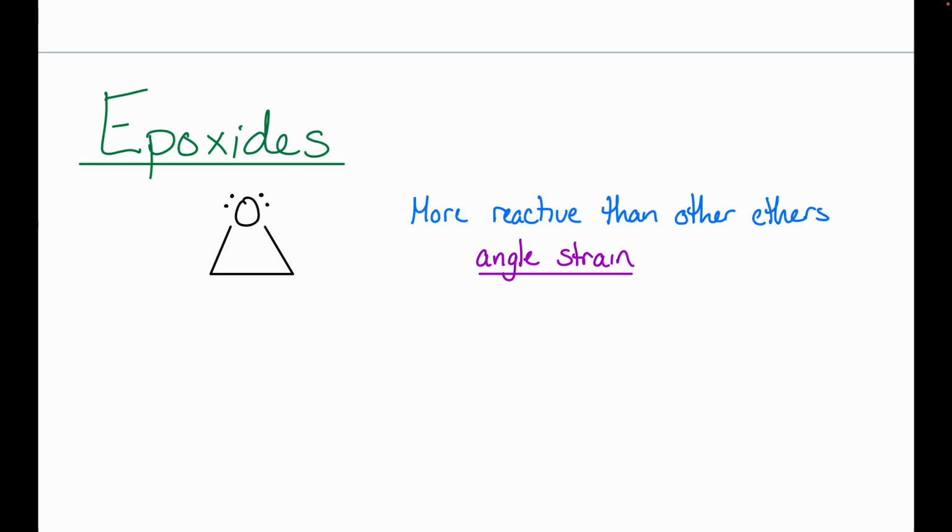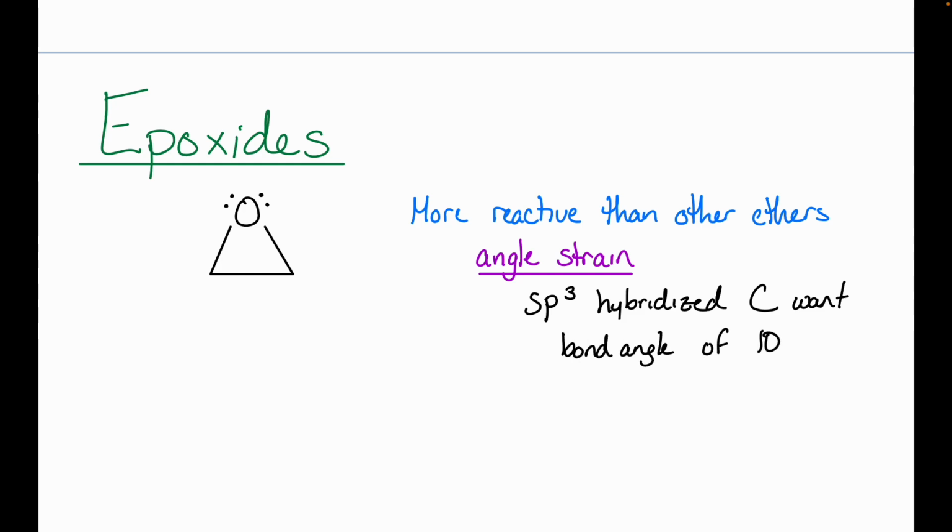Our carbons are these sp3 hybridized carbons, so they want to have a bond angle of 109.5 degrees, that tetrahedral bond angle.